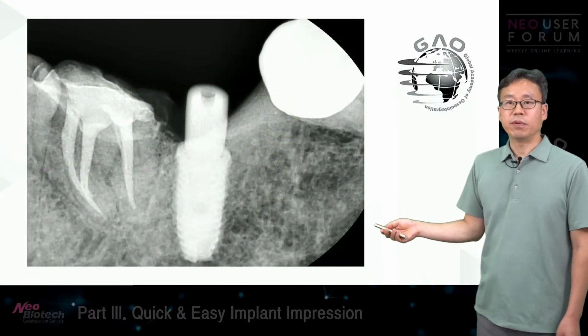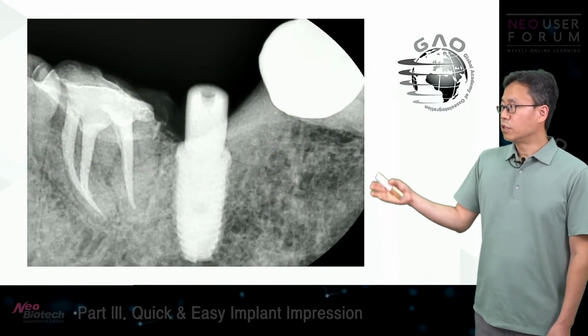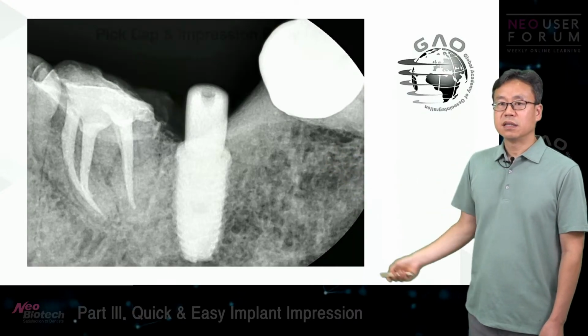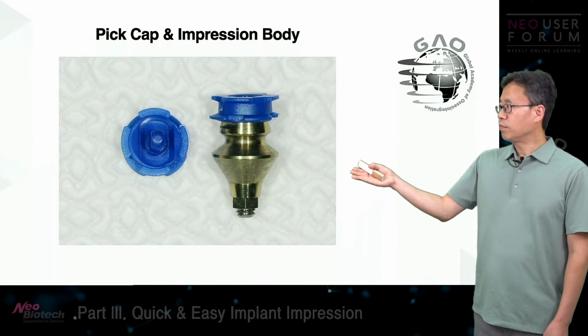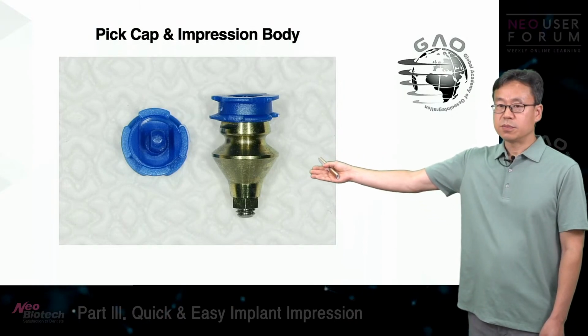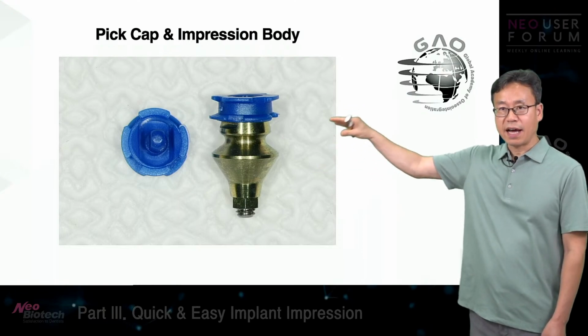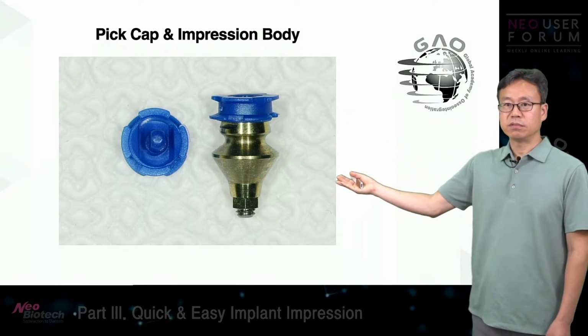Let me show you an example. For this particular case, one natural tooth and an implant, I've used this PIC cap with this particular impression body with particular height and contour.